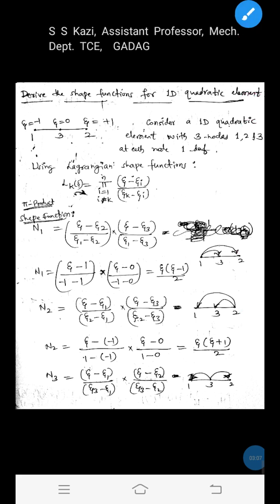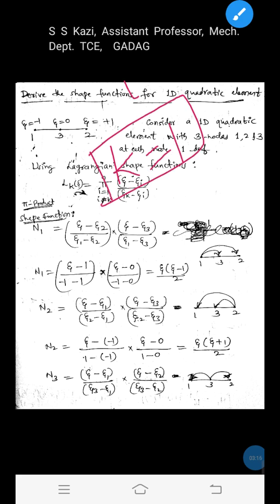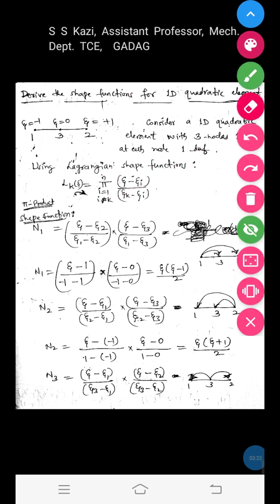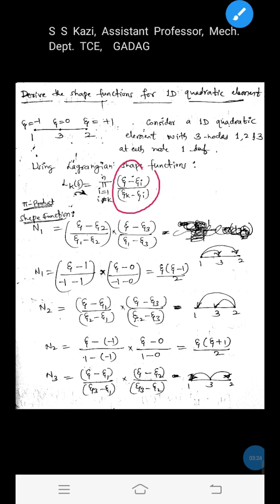Now at node 1, how do we find it? Here if we are finding N1, then k will be equal to 1, and i should not be equal to 1, because i should not be equal to k according to the formula. Now i is equal to 2 and 3 here, and k is equal to 1.